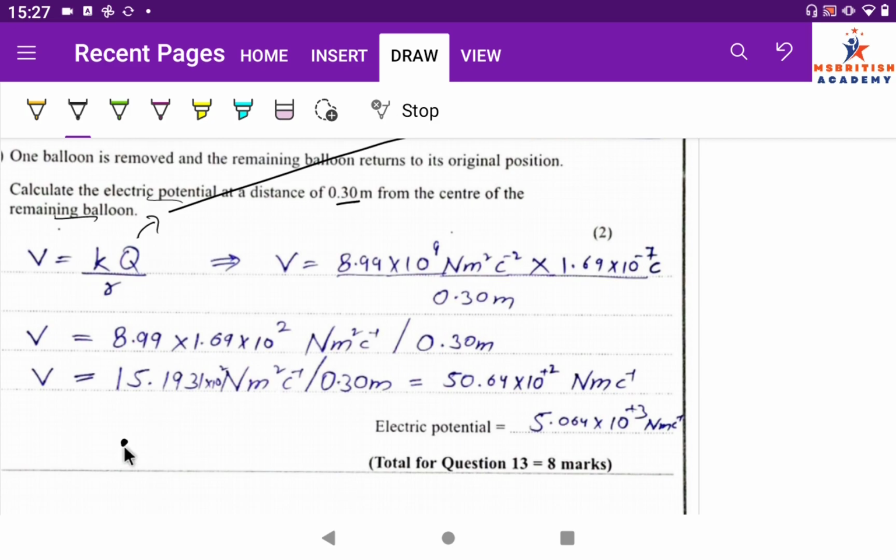Let's suppose this is a balloon, and at 0.3 meters the potential here is 5.064 into 10 raised to plus 3 Newton meter per coulomb. Okay.